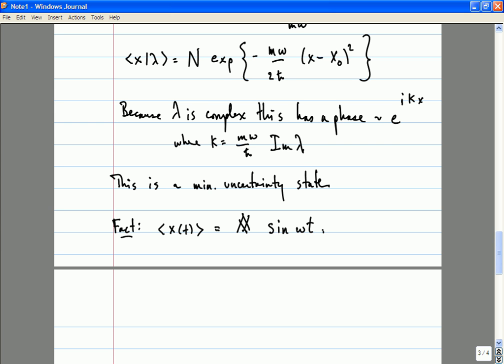Okay, that's a good sign. There are a lot of different ways of deriving this. I'll let you figure it out yourself. It's easy enough to show. And so what that means is that this state oscillates like a normal harmonic oscillator.